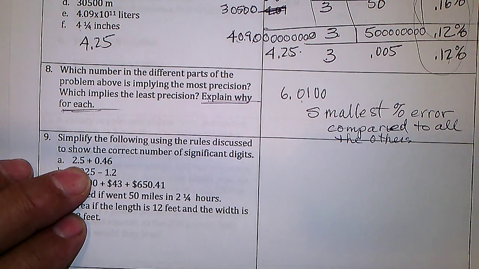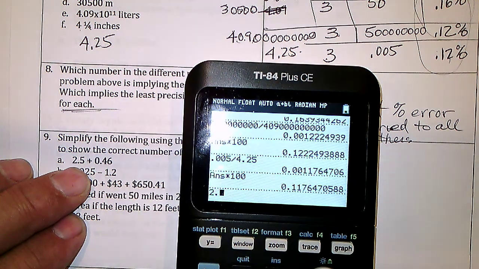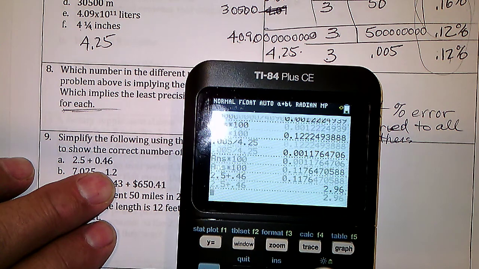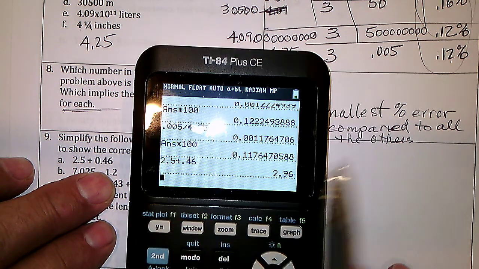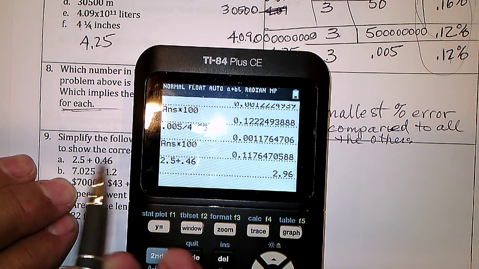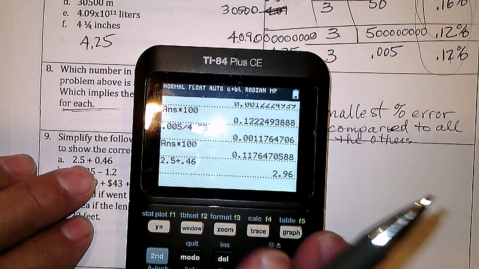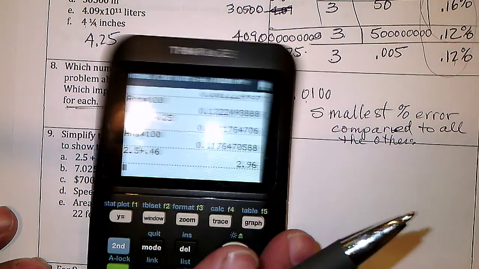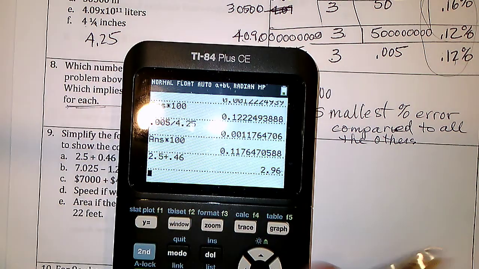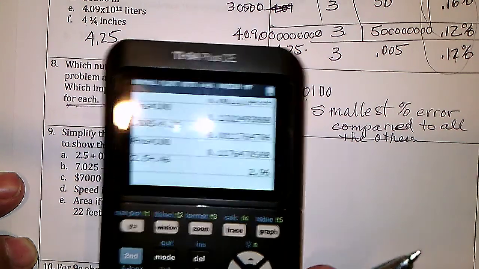So you do all of it, 2.5 plus 0.46, and you get 2.96, but you round to the tenths, the one with the least number of places in the decimal value.